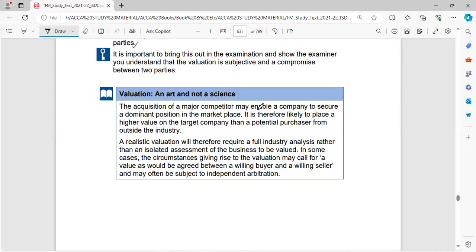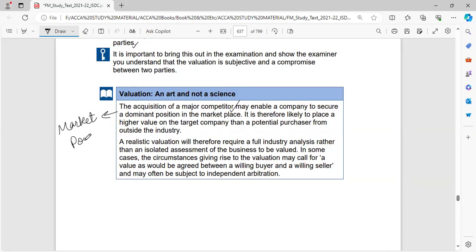The acquisition of a major competitor may enable a company to secure a dominant position. If you are acquiring one of your major competitors, it means you are going to strengthen your market power, which will increase your market share.